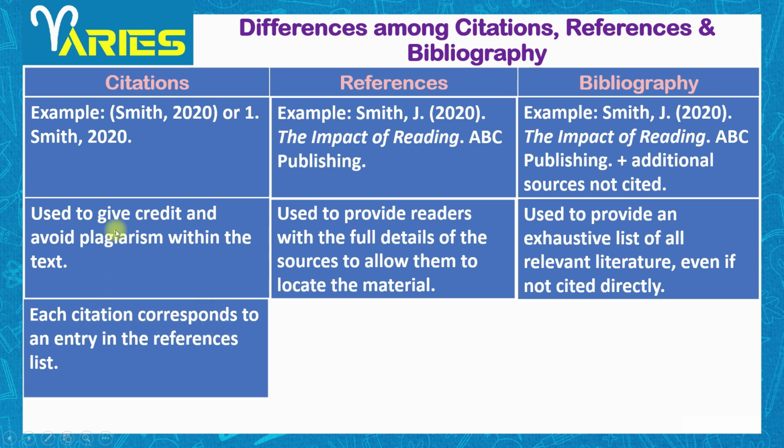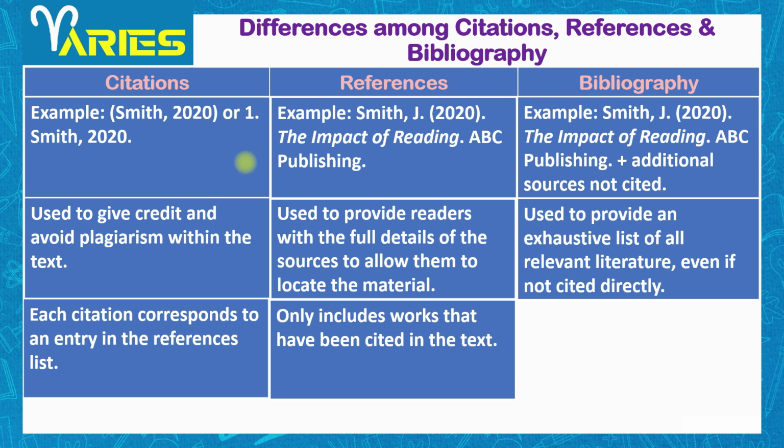Whether there are 10 citations or 20 citations, all these citations will be elaborately given in the reference list. So the reference list will include only those things that are included in the citation. So those citations which are mentioned will appear in full detail in the reference.